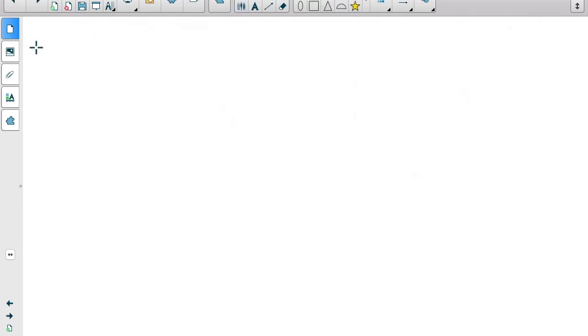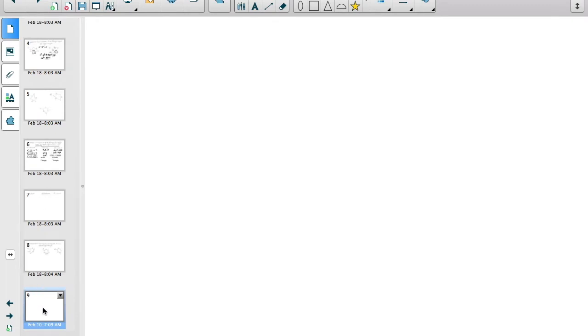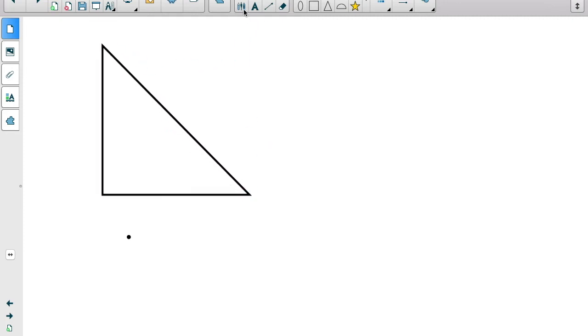So here I'll make a new page. Move this up here. Draw a triangle. It is going to be a right triangle. And two of our angles will be 45 degrees.